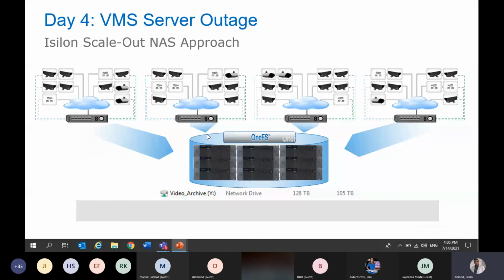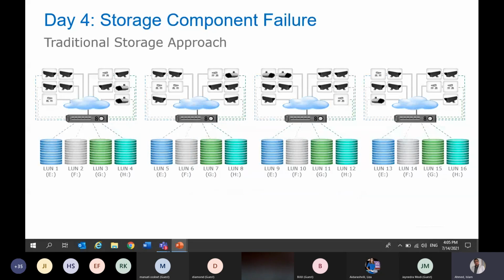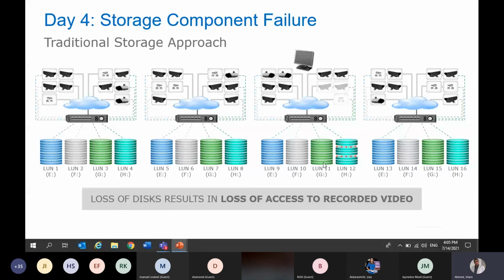What Isilon does, nothing will be lost because the video is already there. No overhead needed, no loss of video, no remapping for the storage. If the storage itself fails, not the server, let's say two parts of this volume are lost.